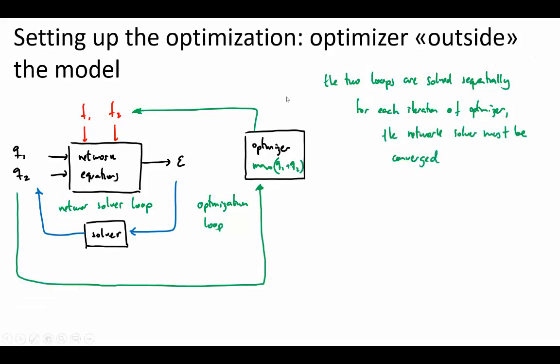That means, for example, if I use a starting point F1, F2, then I have to solve this to drive this to 0. Then I find my two Qs. Then these two rates are read by the optimizer, which then writes to F1 and F2, and then this solve must be converged.